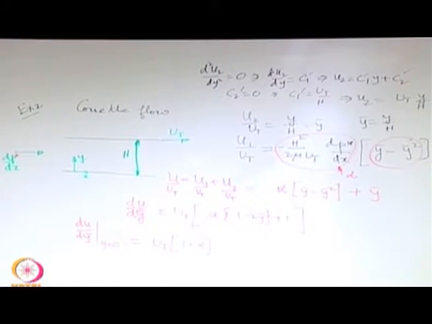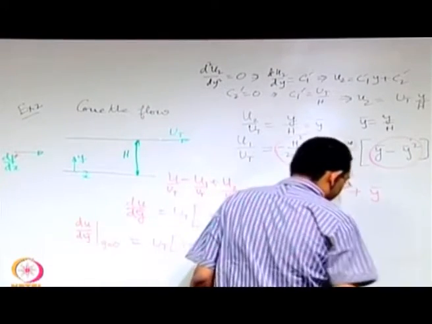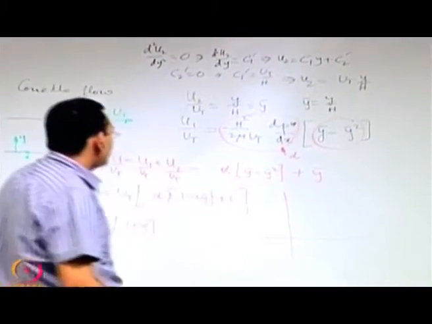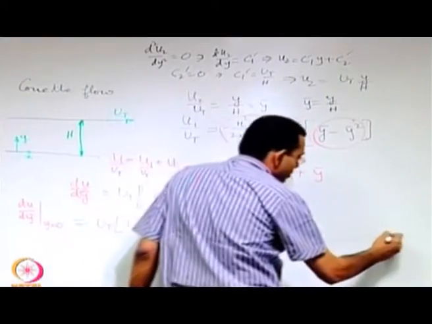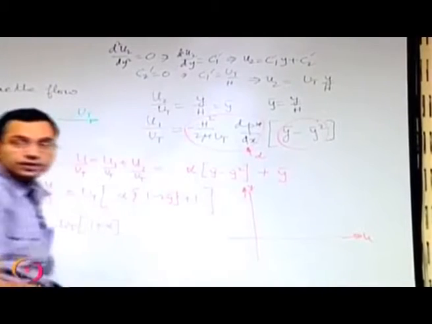So if you want to draw the velocity profile, this is the sketch where we want to draw it. Along the x axis we will plot velocity, along the y axis we will plot the y coordinate.